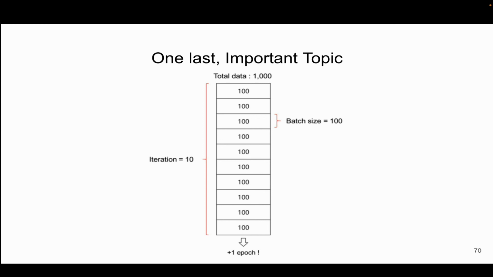And once you have gone through all the 1000 images, that is one epoch, right? So that is one epoch. So if I say 5 epochs, I have just completed 5 epochs. That means you have gone through all the images that you have present in your system or laptop or phone 5 times, right? So that is an epoch.